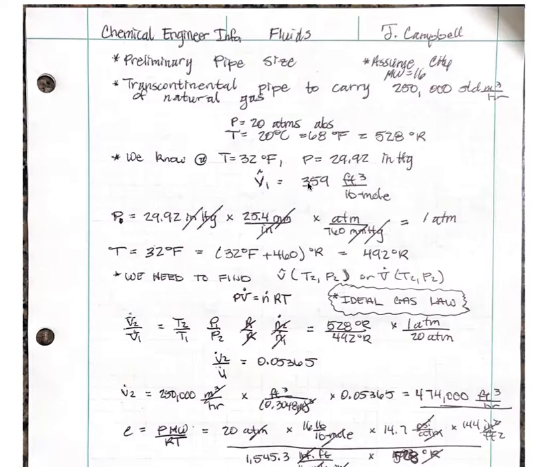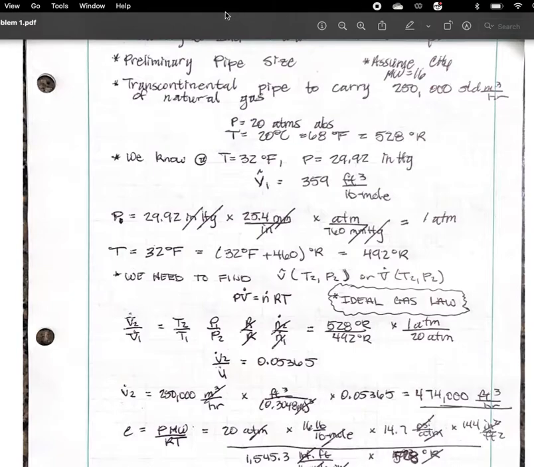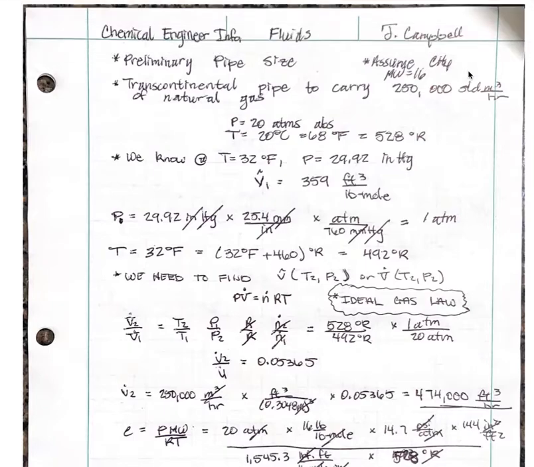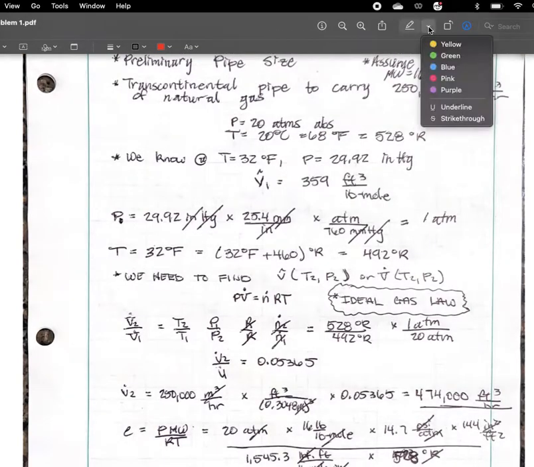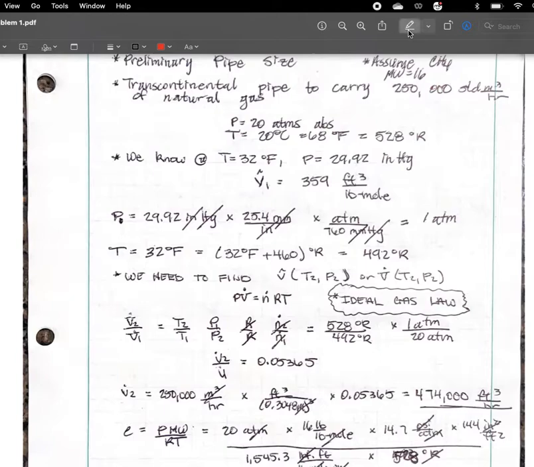All right. So basically, we gotta... Let me see if I can... There's something I can do here. Green. What's this? No, let me see. What is that? Highlights and notes.